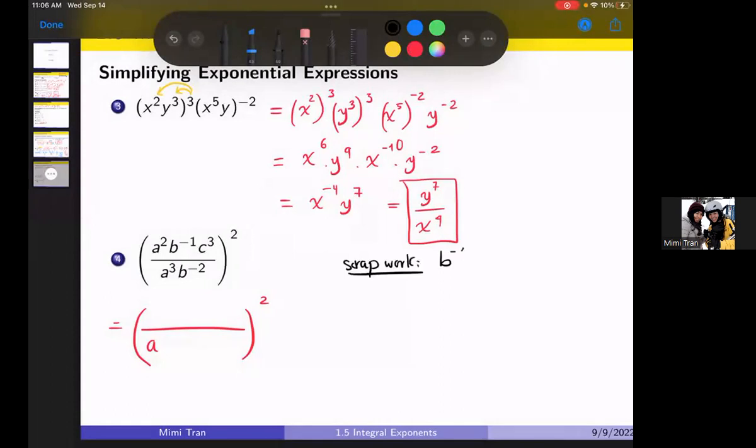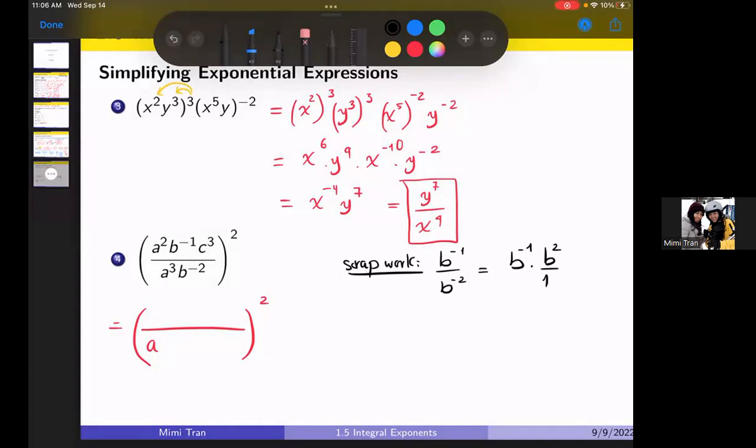I have b to the -1 over b to the -2. I'm going to move it because the 2 is bigger than the 1. I'm going to move this to the top. So rewrite b to the -1 times b squared over 1 now, right? What's b to the -1 times b squared?